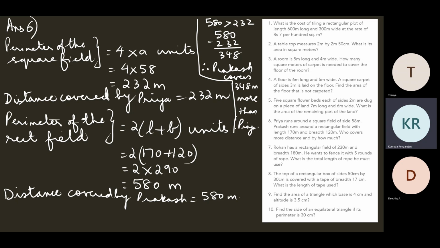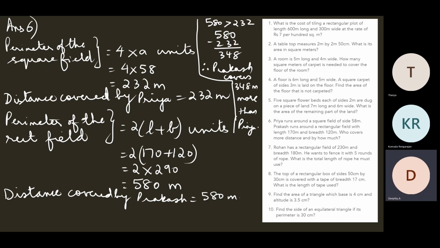Prakash covers 348 meters more than Priya. That means he has covered more distance, and that extra distance is 348 meters. Ma'am, I have written a statement which means the same in a different way. Prakash covered more distance than Priya by 348 meters.